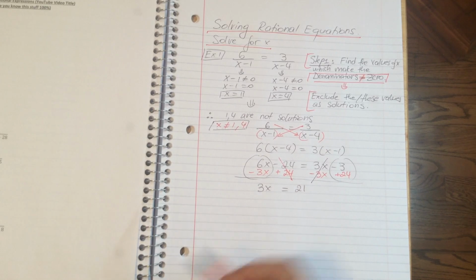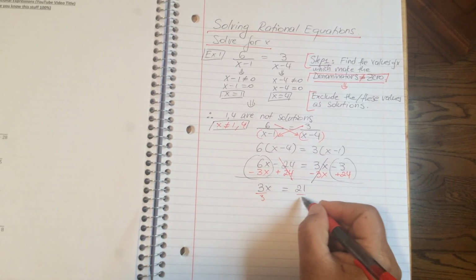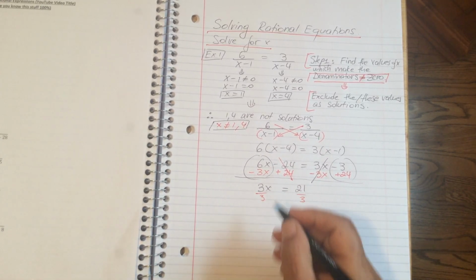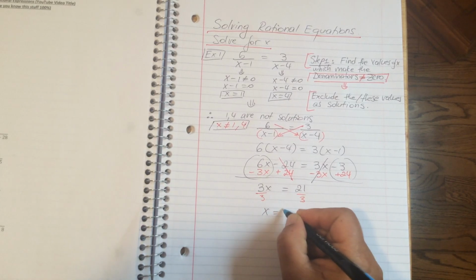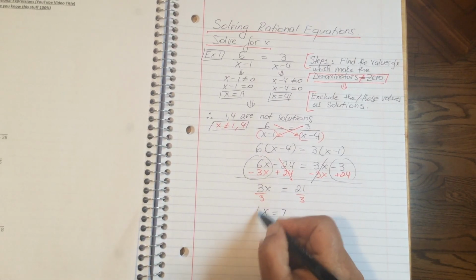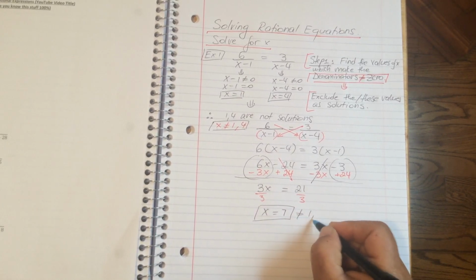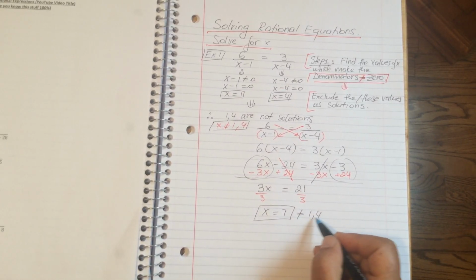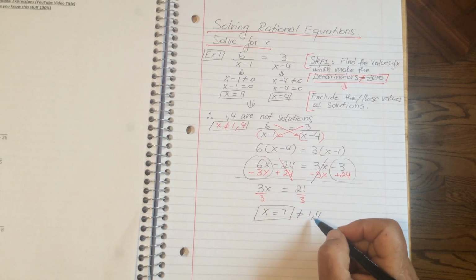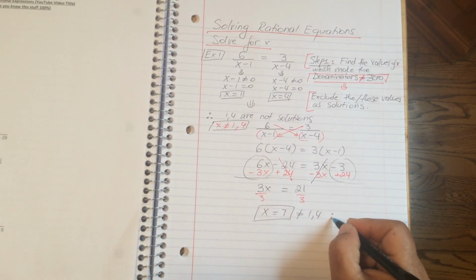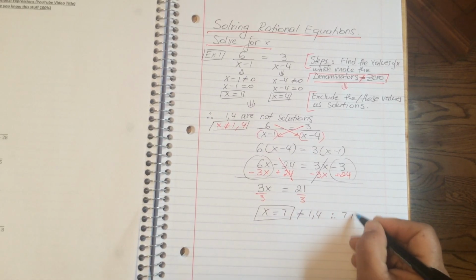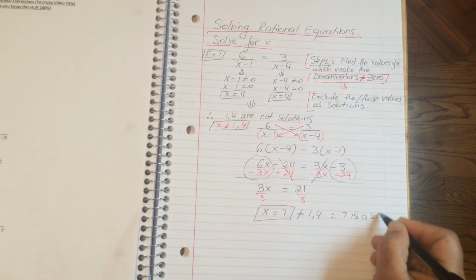The last step is dividing by 3 both sides, so x is 7. Okay, now x is 7, and 7 is different from 1 and 4, which are the values of x that are not allowed. Therefore, 7 is a solution.